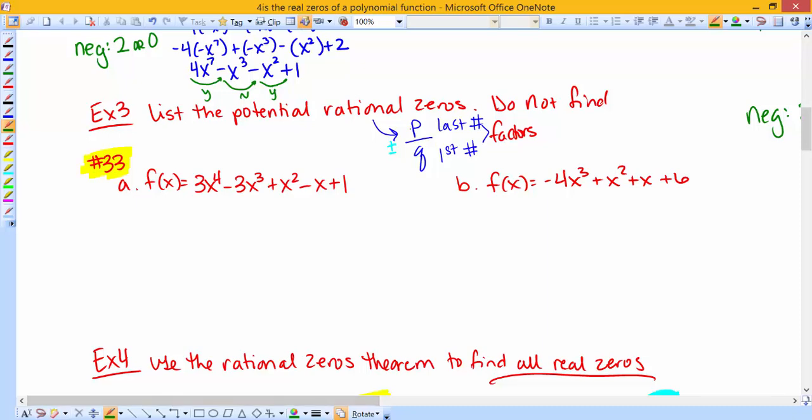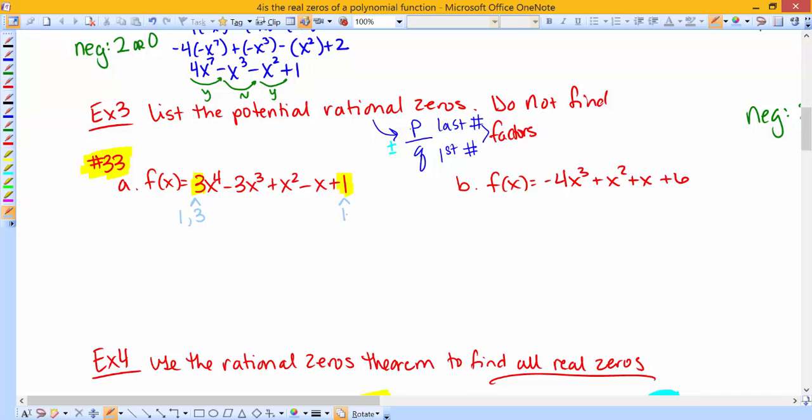So to do this, there's really a nice way to do this. We look at our first term and our last term, and we identify what numbers divide into those. So what numbers divide into 3, 1, and 3? What numbers divide into 1?